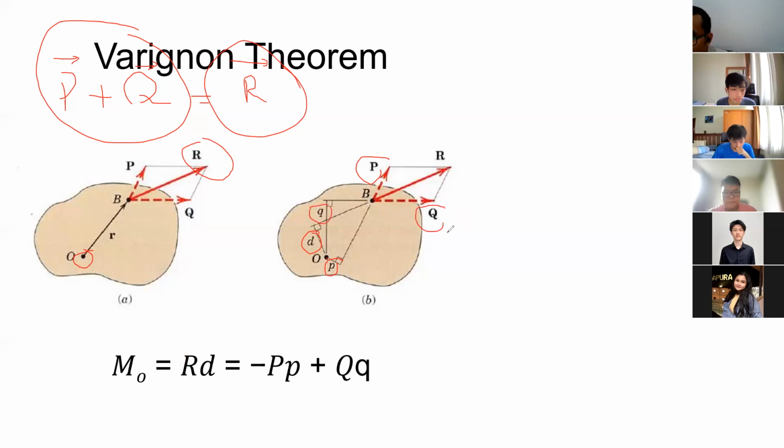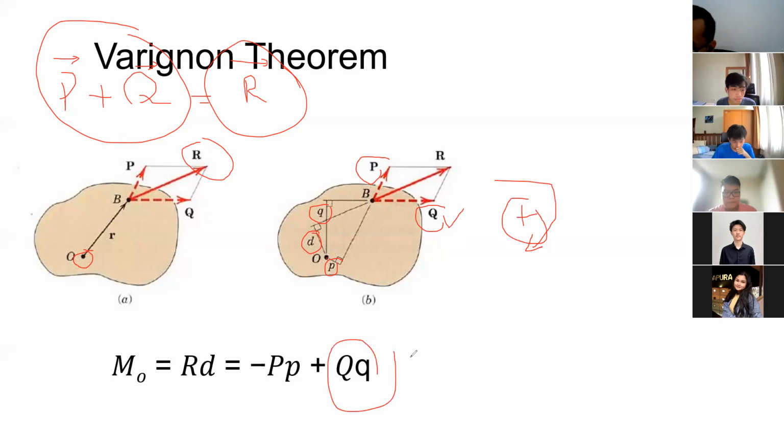Then we know that of the summation of both, one will give a positive moment and the other one will be giving a negative moment. If we use clockwise as a positive moment, then vector Q here will give you a positive moment.